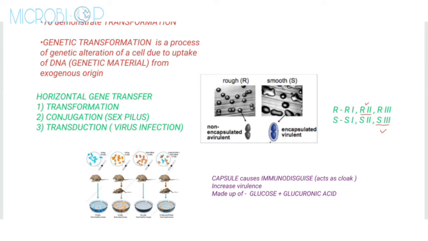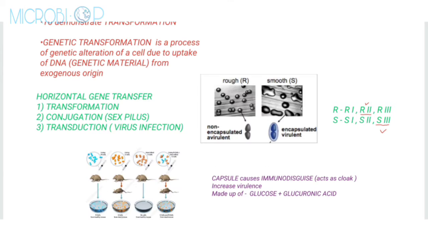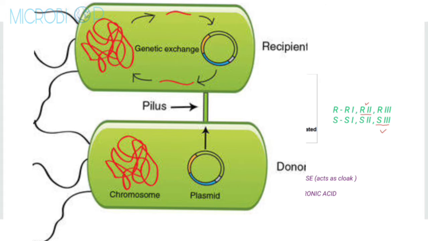In transformation, we know that either DNA fragments or a plasmid will enter a bacteria. In conjugation, how does it enter the bacteria? It enters with the help of the sex pilus. We all know that bacteria have pili. Through that, the DNA enters the other bacteria. The pilus acts as a bridge between the two bacteria.